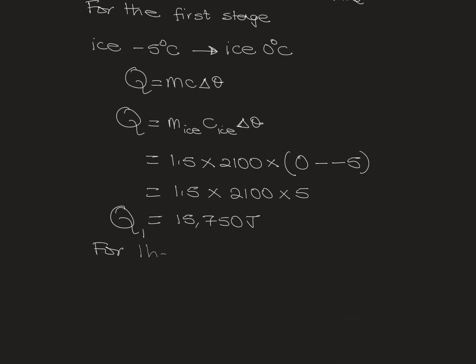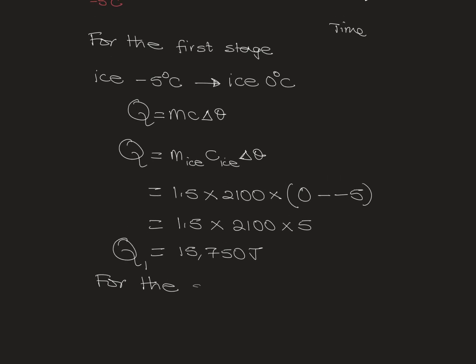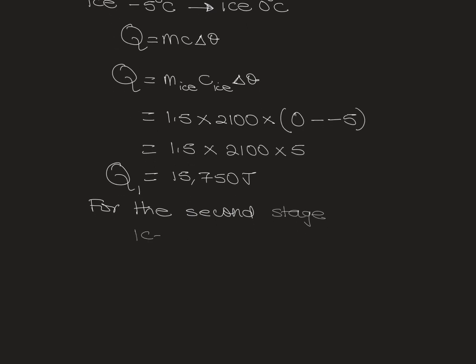For the second stage, ice at 0 degrees Celsius is to be converted to water at 0 degrees Celsius. So if you analyze, this is a phase change, and whenever there is a phase change, we have to use the specific latent heat.